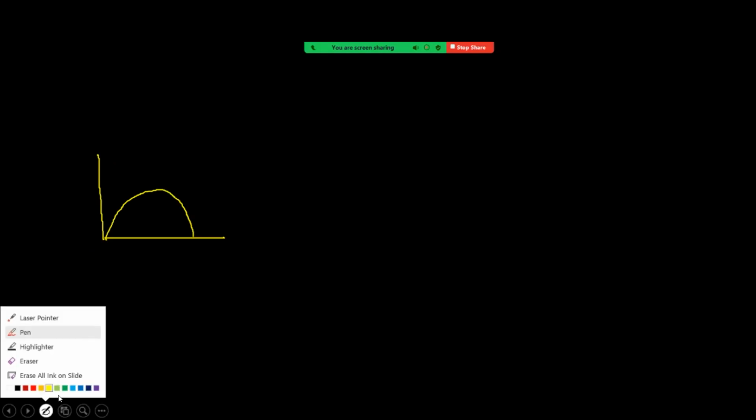This is now the reflecting surface. Let us take the light ray traveling towards the left side, then becoming vertical. Given this is y and this is x, you can see here the normal at the point of incidence.